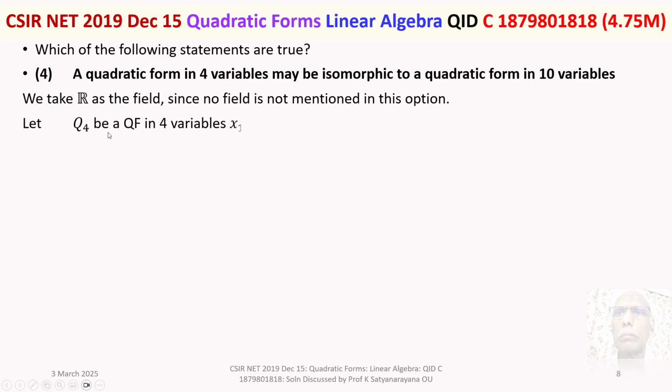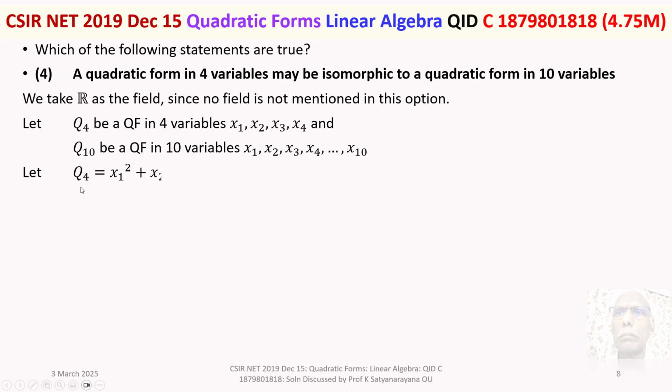Let Q4 be a quadratic form in 4 variables x1, x2, x3, x4, and Q10 be a quadratic form in 10 variables x1, x2, x3, x4, up to x10. Let the canonical form of Q4 be x1 square plus x2 square plus x3 square. The canonical form of Q10 is x1 square plus x2 square plus x3 square plus 0 times x4 square, and so on, plus 0 times x10 square.